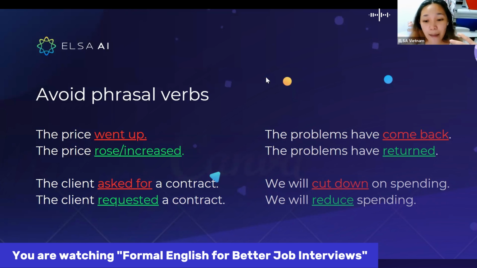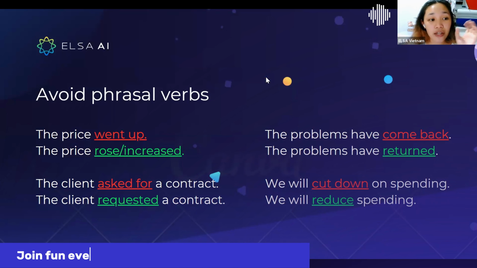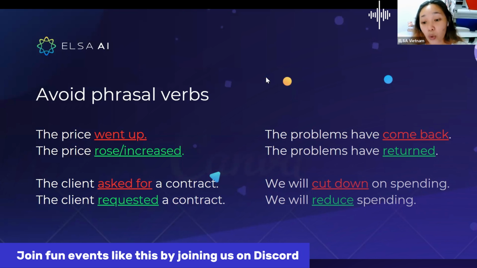So if you're vying for a position at a company whose language is mostly English, you can use the words rose or increased. So that's one example for you.